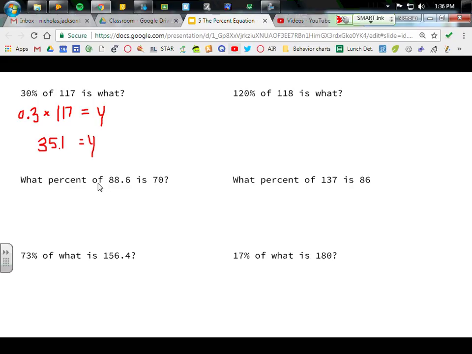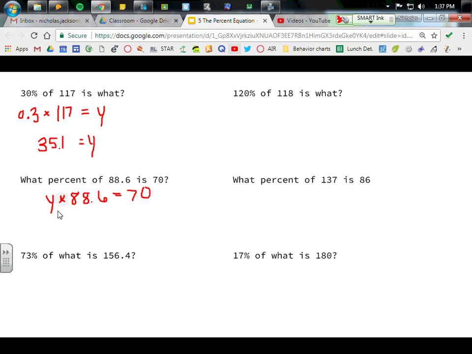What percent of 88.6 is 70? So what percent? Let's give it a variable. Of multiply 88.6, is becomes equals.